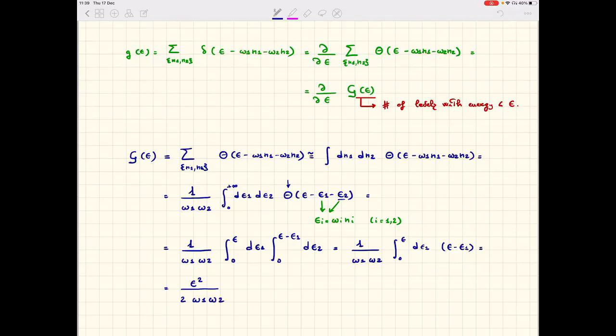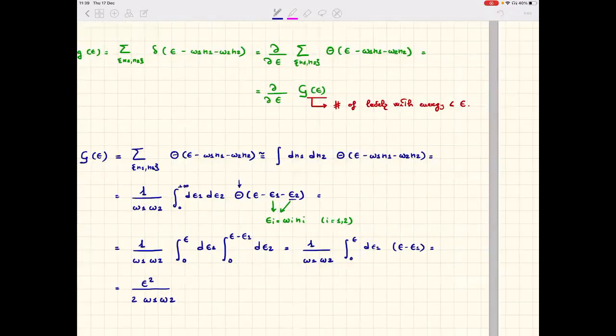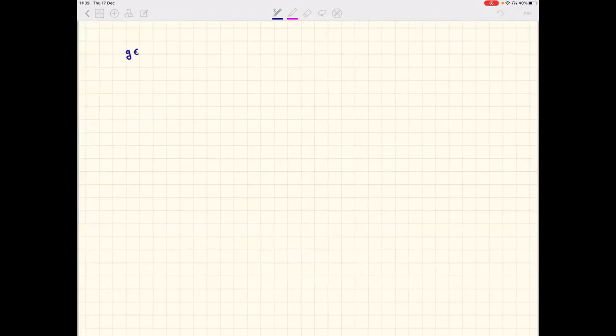And now if you take the derivative of this with respect to epsilon to compute the density of states, you will get that your g of epsilon, which is equal to d epsilon of big G of epsilon, is equal to epsilon divided by omega 1 times omega 2. So this is your density of states for a two-dimensional system in a harmonic trap.